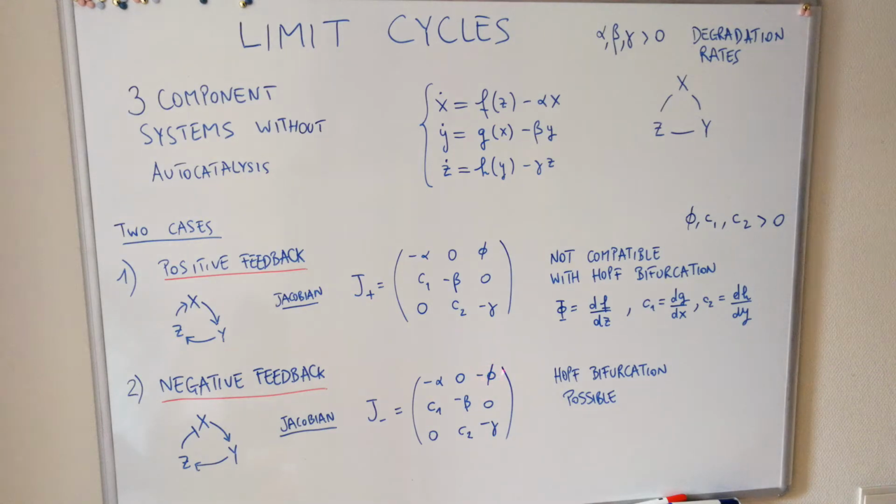Now phi is still positive, this is a minus sign. Totally, this is a negative sign. This is due to the repressor action of z over x. But we have c1 and c2. And we can show that in this case, the Hopf bifurcation for this type of sign pattern is instead possible.